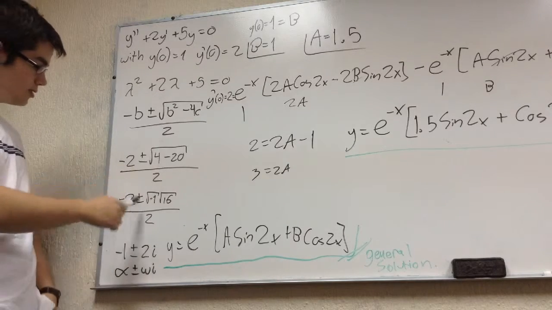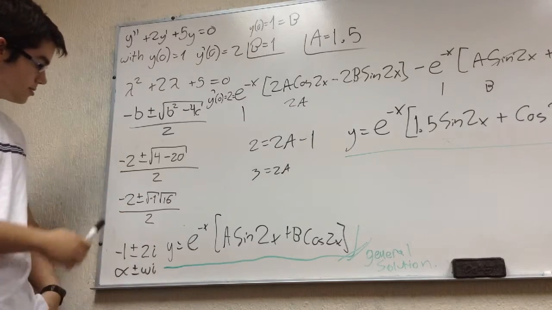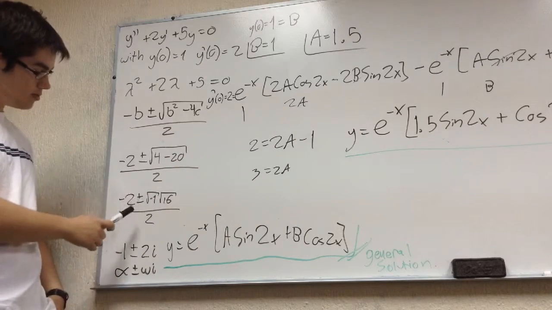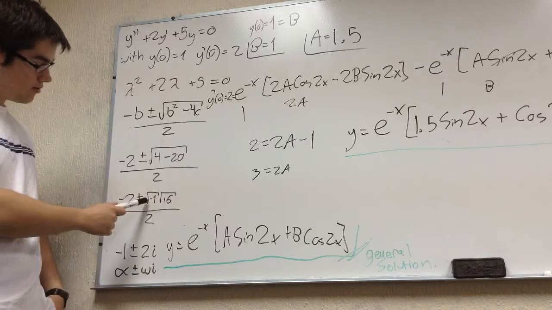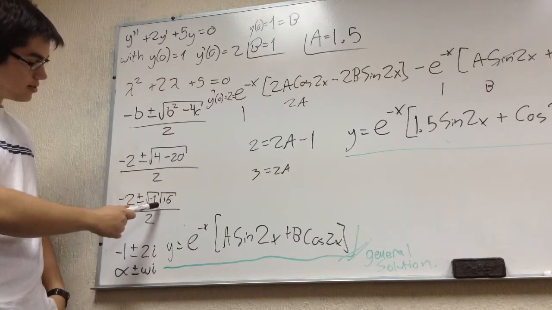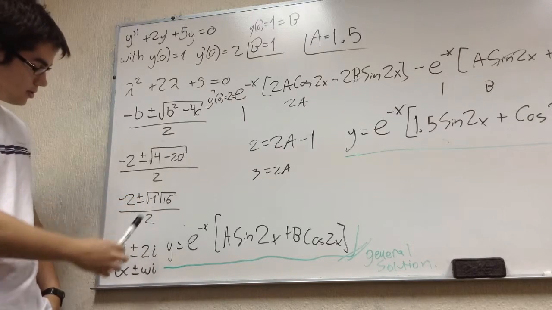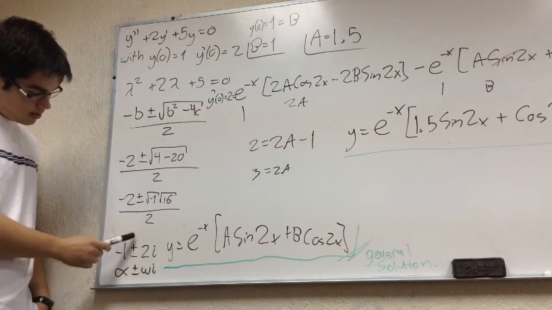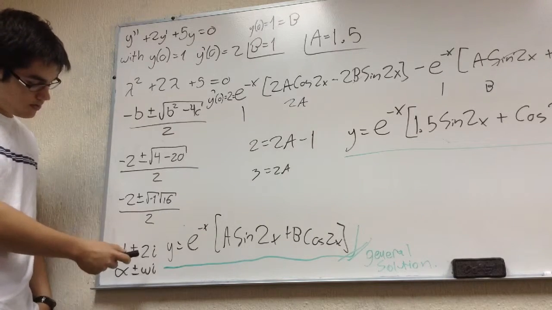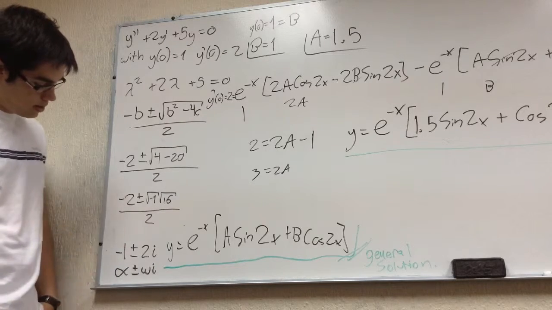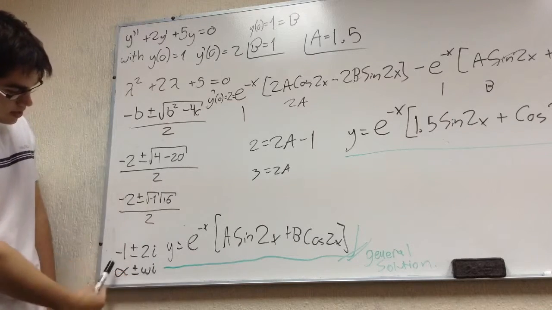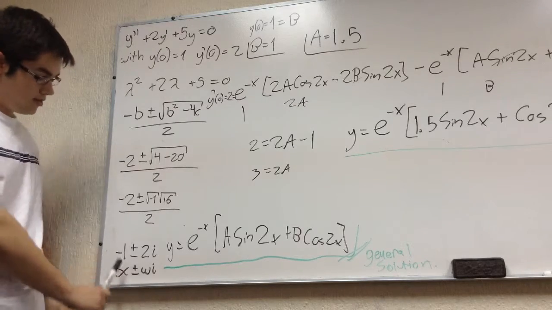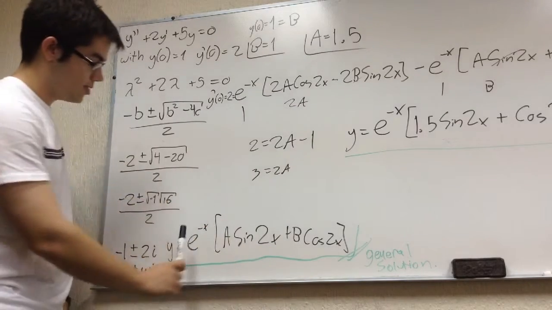So we will have an imaginary number: minus 2 plus or minus the square root of minus 1 times the square root of 16 over 2. So we find minus 1 plus or minus 2i.